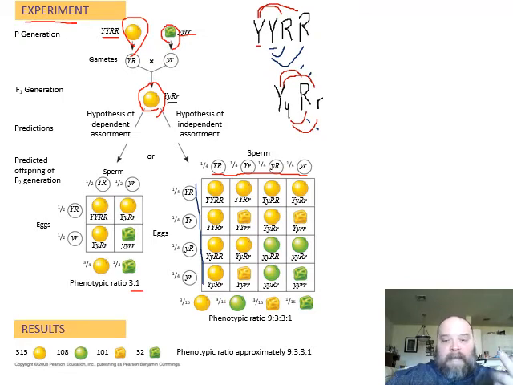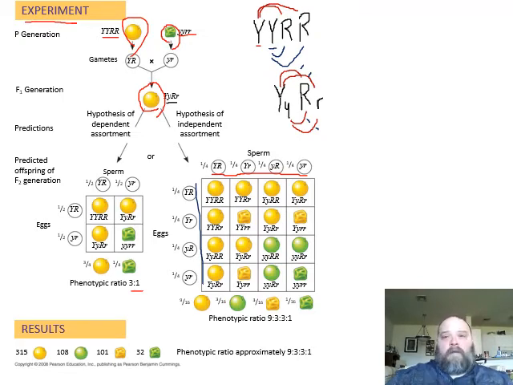Even though it's a dihybrid, following 2 traits, is it still going to have the 3-to-1 ratio? Or is it going to be something different? Are the Y and the R separate? If they're separate, you're going to get 4 different outcomes in the gametes.